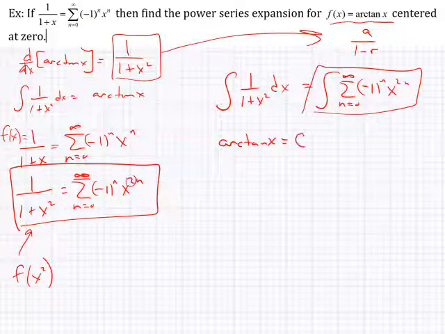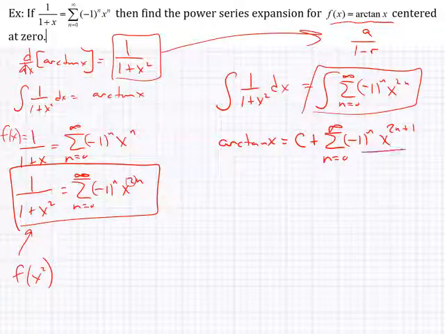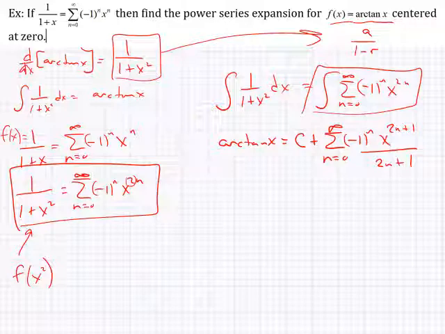Well, that should be c plus the sum of n equals 0 to infinity of negative 1 to the n, x to the 2n plus 1 over 2n plus 1. Again, add 1 to the exponent and then divide by that new exponent. That's how you integrate using power rule. So here is your power series for arctan.